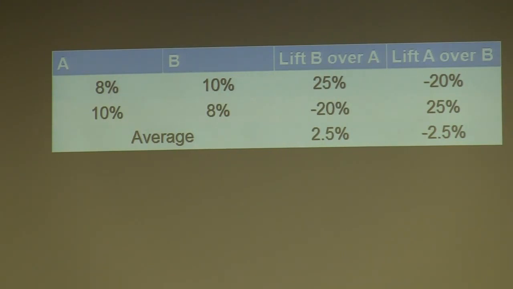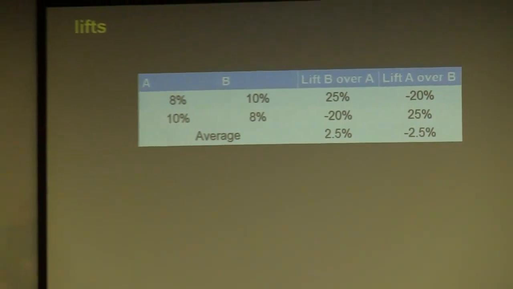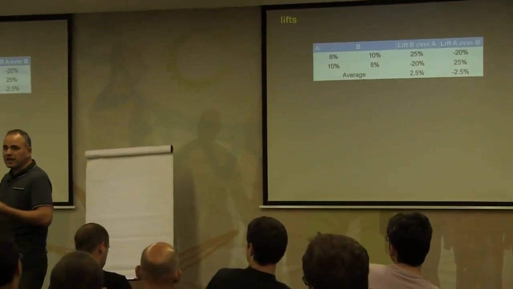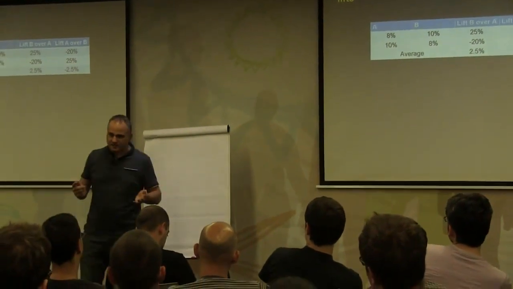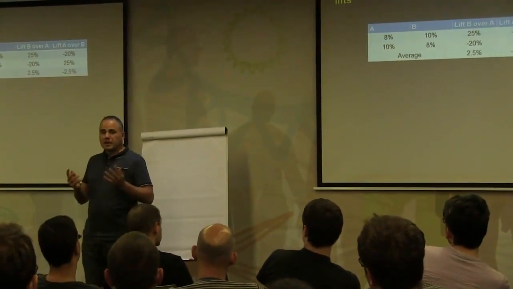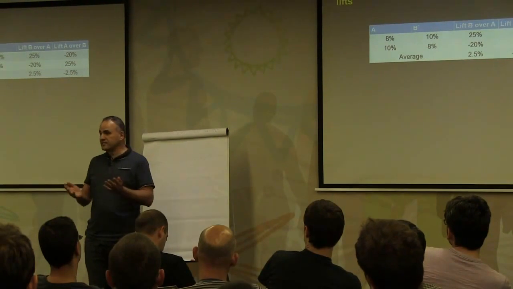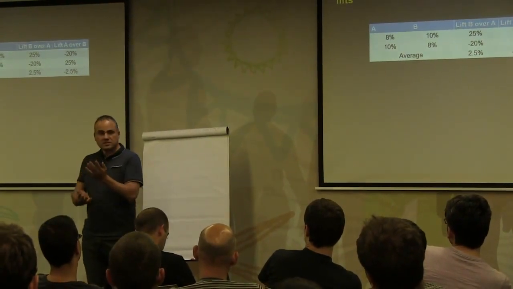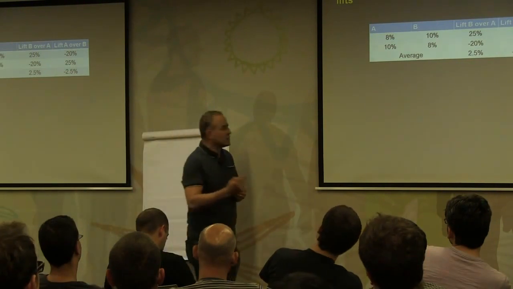Let me explain. The issue is that when you calculate lift, you do B over A, for example, you give B an advantage. Why is that? Because when B wins, A is lower, right? So you divide by the lower number.